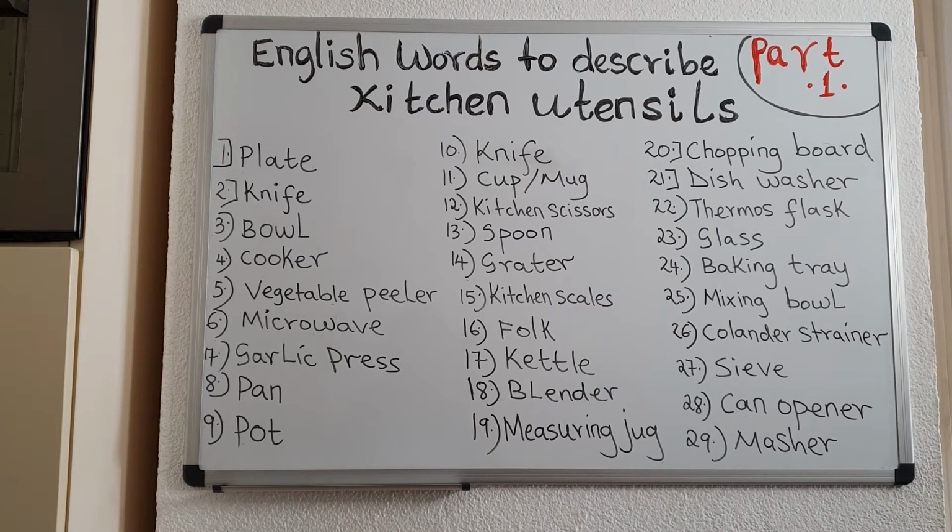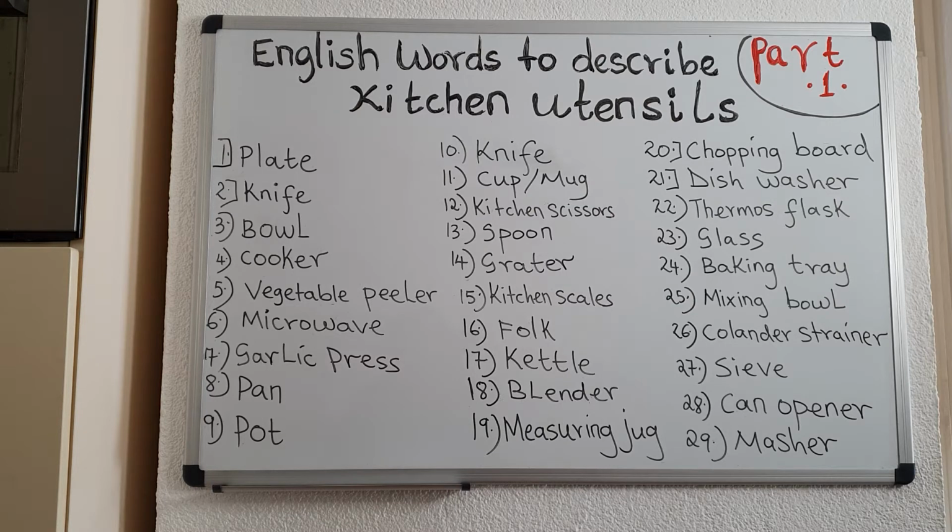It looks a little bit like a cup, but it is wider and deep. If you want to serve soup, then you pour the soup inside the bowl. And from there, you can begin eating your soup with a spoon.